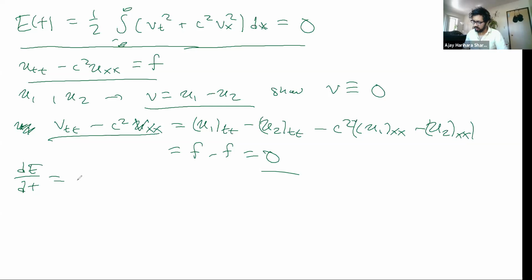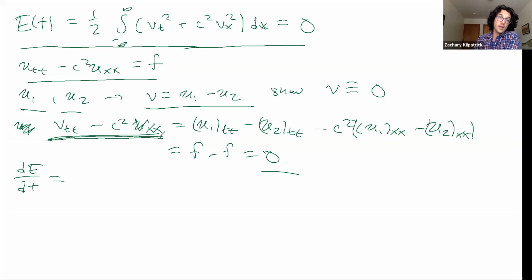So just to reiterate, what you did was you defined the energy functional ahead of time, which is this, and then you took your PDE, and then you took U1 and U2 as the two separate solutions that could potentially be the solutions, and then V is U1 minus U2, and we need to show that V is 0. So we took V in the partial differential equation, but why did we take V in the PDE?